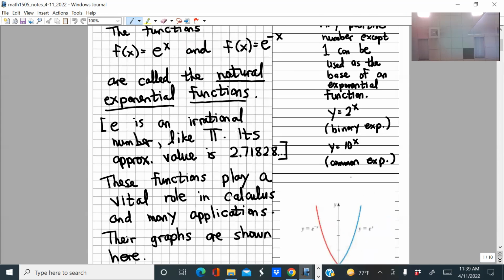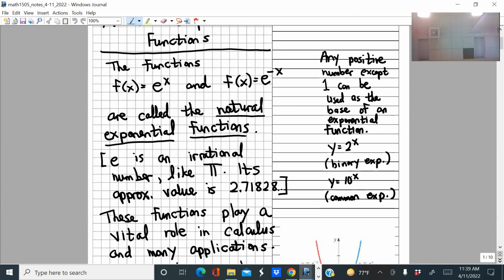You can form an exponential function, by the way, from any base. You do not have to use base e, but for many reasons, base e turns out to be a very important base, even though the number e is this weird irrational number. Exponential functions with base e turn out to be the most useful or the most important.